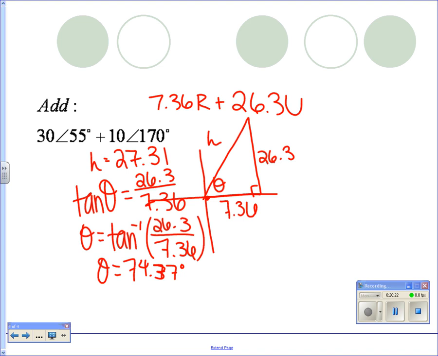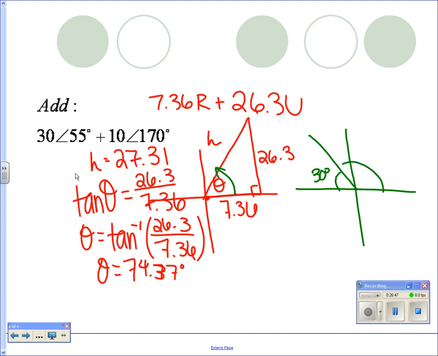Okay, so when you are looking for your angle, you always start in the positive on the x-axis. We just went 74.37. Since it's in the first quadrant, you don't do anything. You just take your angle. Does that make sense? However, had it been in the second quadrant, we start over here.